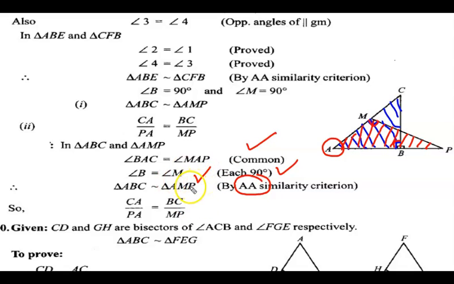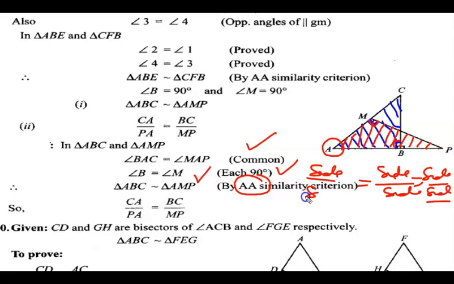So once these two triangles are similar, then side upon side is equal to side upon side. So if we take the two altitudes or the perpendiculars, we can take BC by MP is equal to the other sides CA by AP, or even all the three sides, they got to be the same as you are aware of.